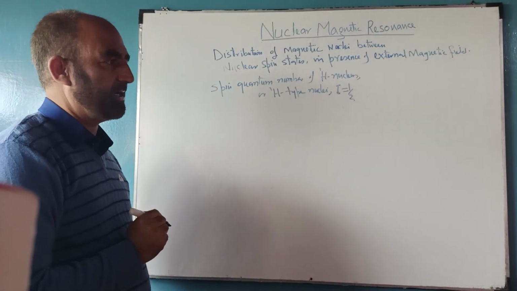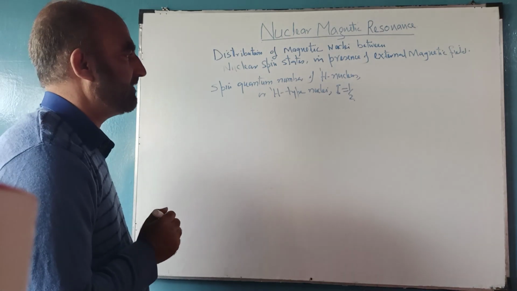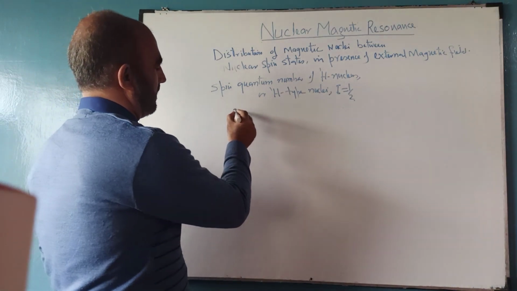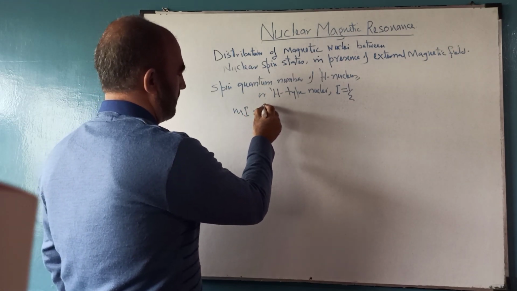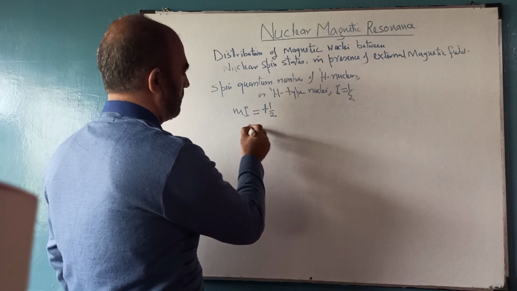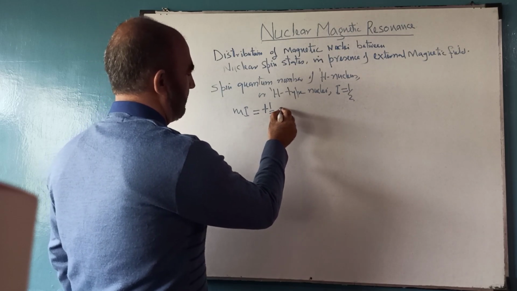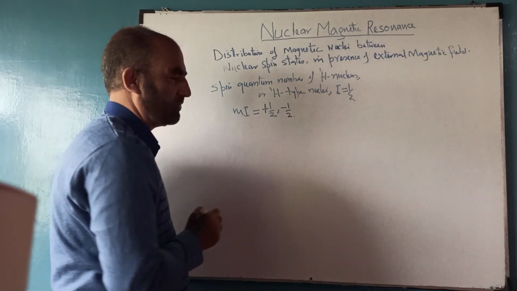Therefore, such nuclei have two spin states available to them. They are given by their Mi values. Mi value can be plus 1 by 2 or Mi value can be minus 1 by 2.